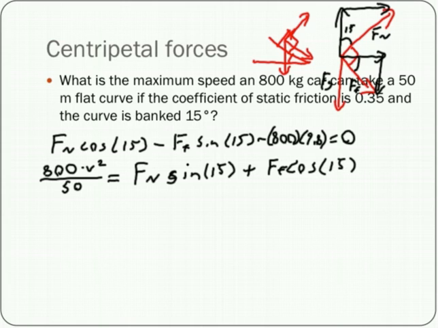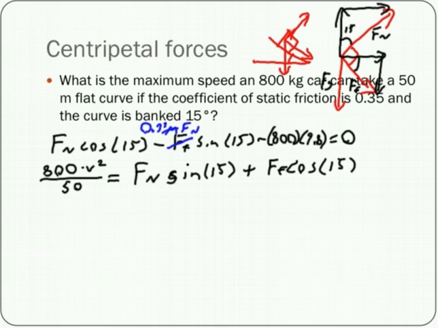Now, looking at this first one, we have Fn and Ff. Fn is our normal force, and it's related to the frictional force by the coefficient of static friction. So really what we can say here is that this Ff we can just replace with mu Fn. We already know what mu is. Mu is 0.35, so we can replace that mu with 0.35.